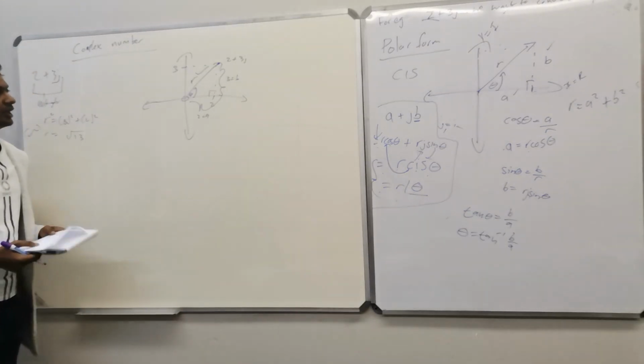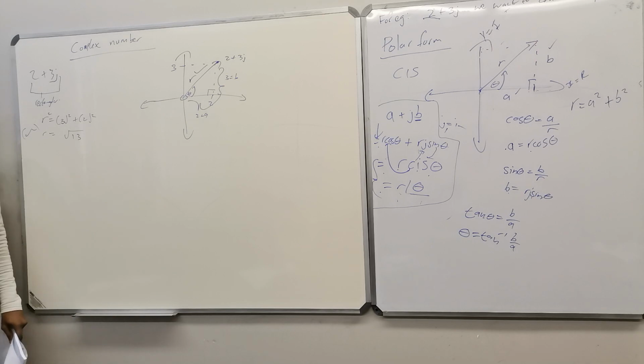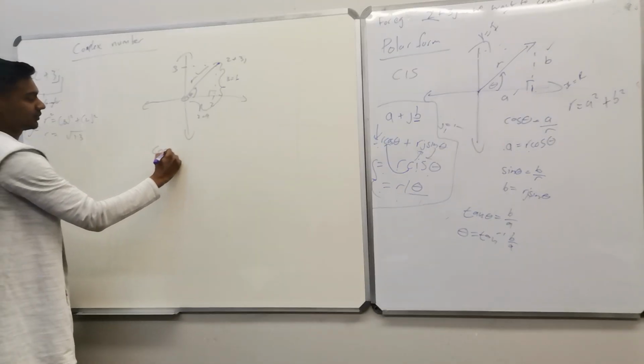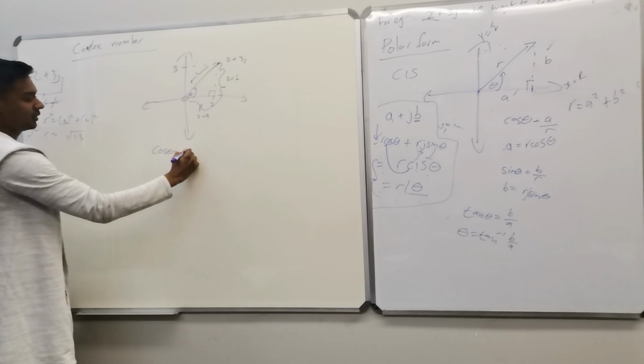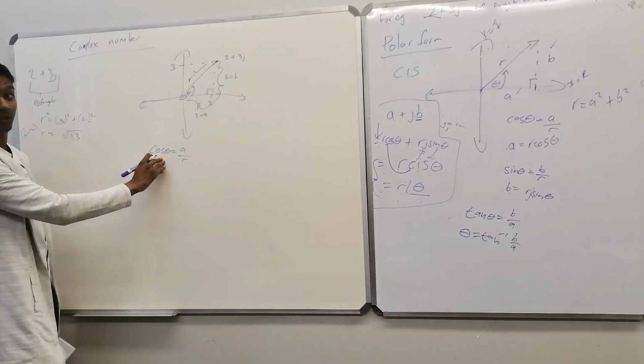Now let's get our A converted into our cos. Cos theta is equal to A over R. First we need to find our theta.